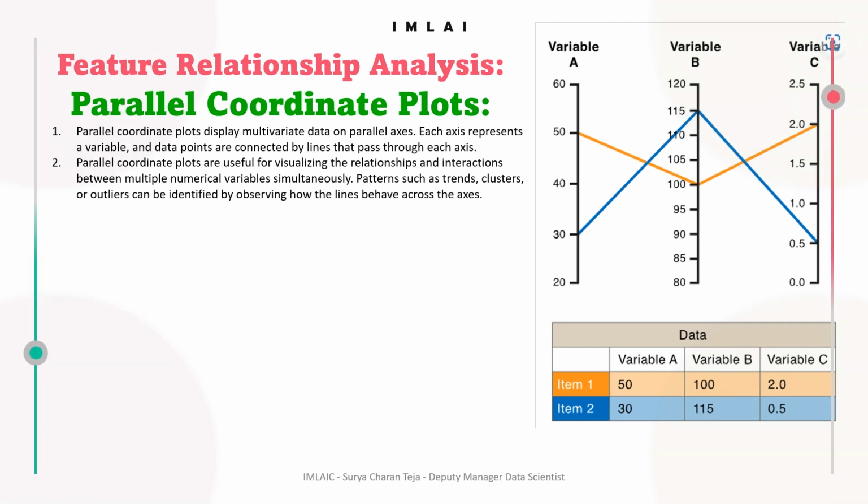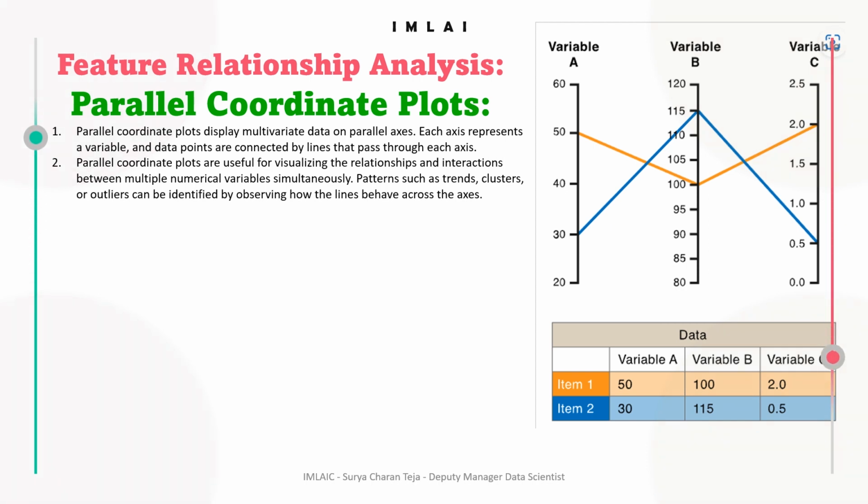The order in which the axes are arranged can impact how the reader understands the data. One reason for this is that the relationships between adjacent variables are easier to perceive than for non-adjacent variables. So reordering the axes can help in discovering patterns or correlations across variables.